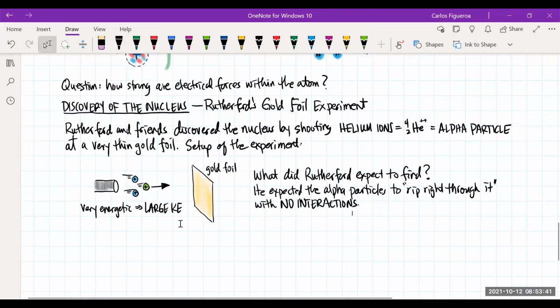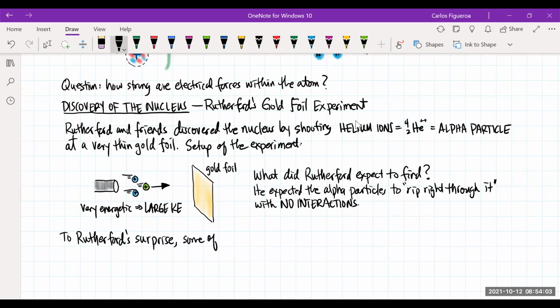Here's what happened. Actually, I think I want this picture right here. To Rutherford's surprise, some of the alphas were deflected right back at the gun.